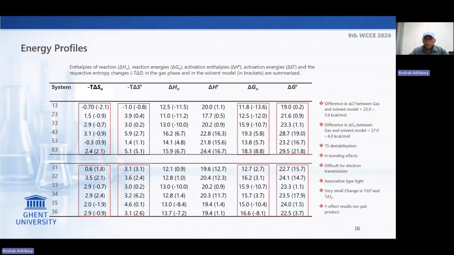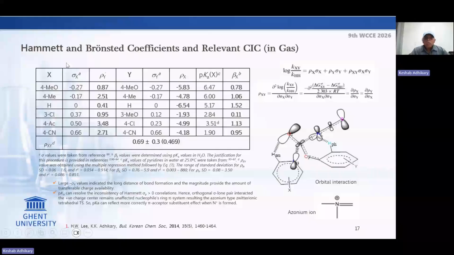We also calculate the Hammett and Bronsted coefficients, as discussed earlier, using the Taylor function.